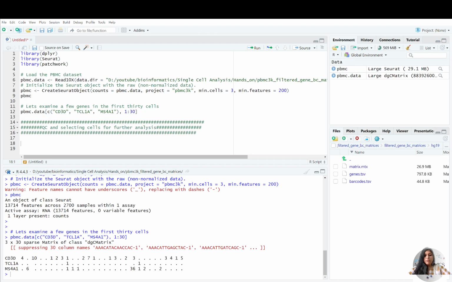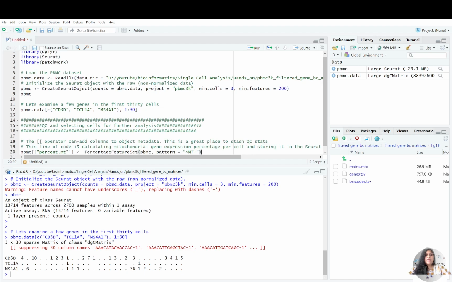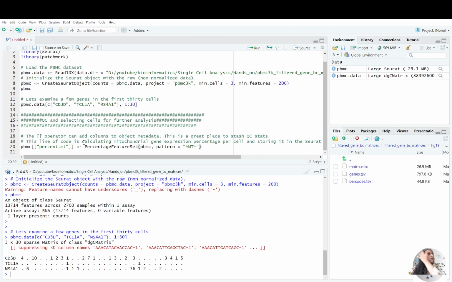So here you should know one thing: we also have genes when it comes to animals and plants. Mitochondria also have their own genome, and in plants even chloroplast has its own genome. Since this is human PBMC data, we have mitochondria, and some genomic content of mitochondria will also be present.